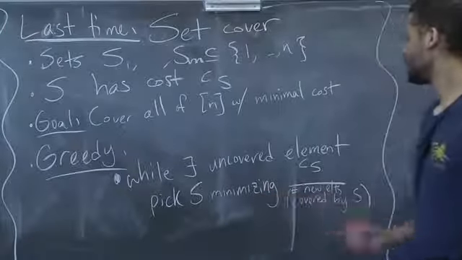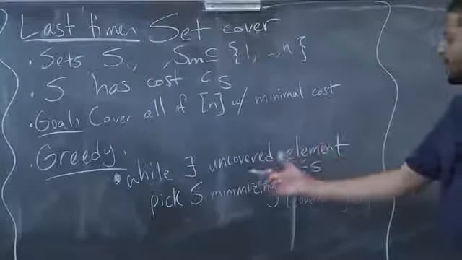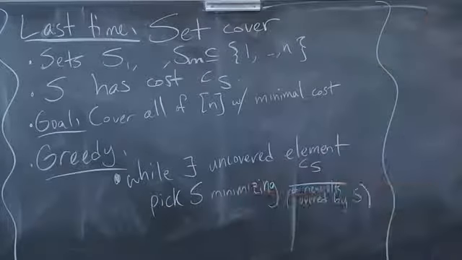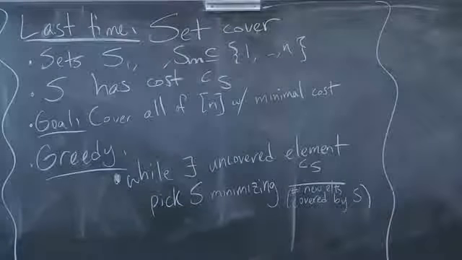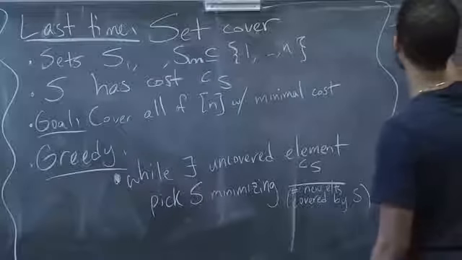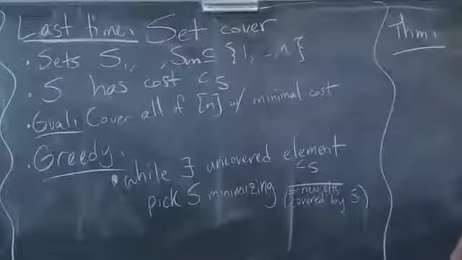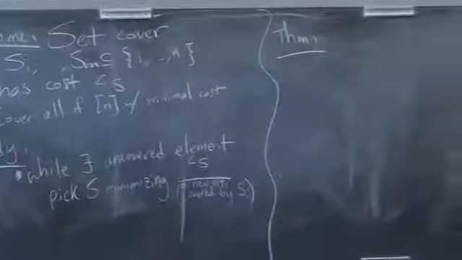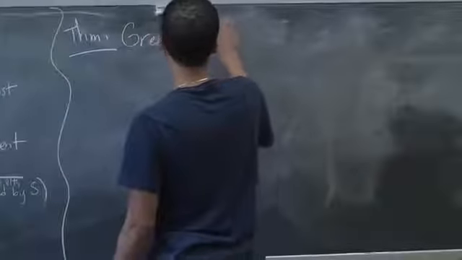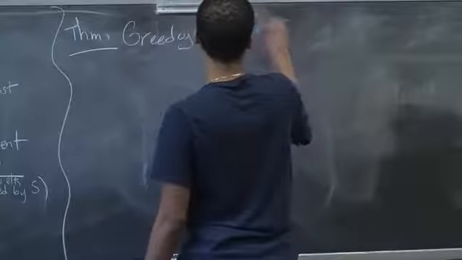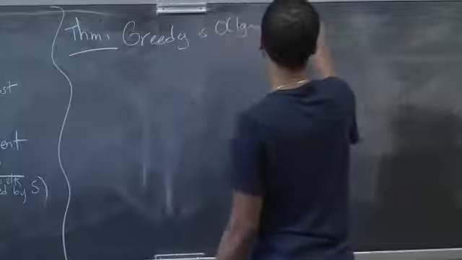As long as there's an uncovered element, you pick the set which minimizes the ratio between its cost and the number of new elements you get to cover by picking it. Okay, and theorem: greedy is a log n approximation. We'll even see it get something slightly better.